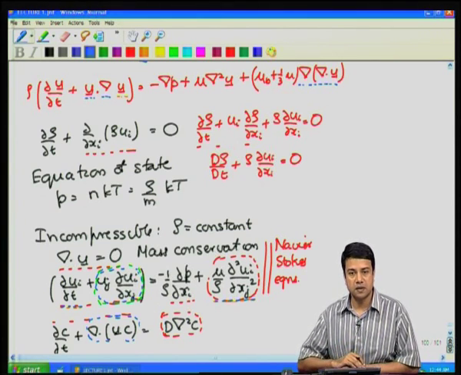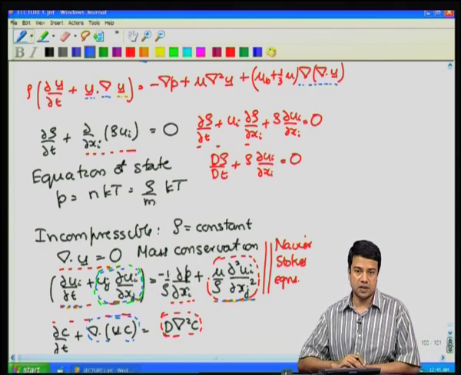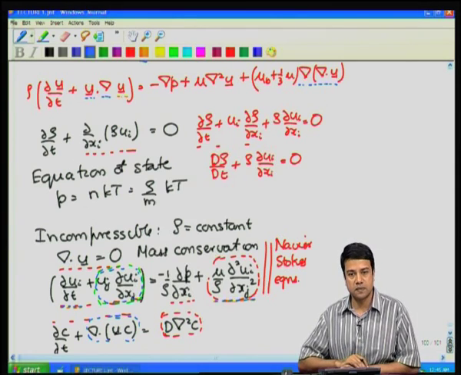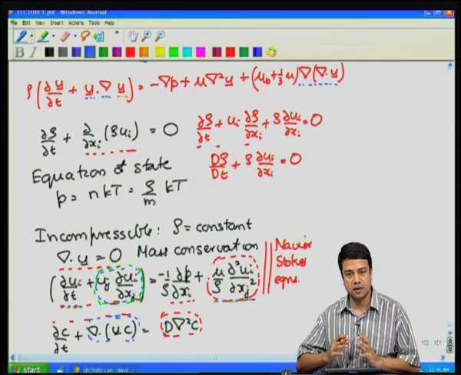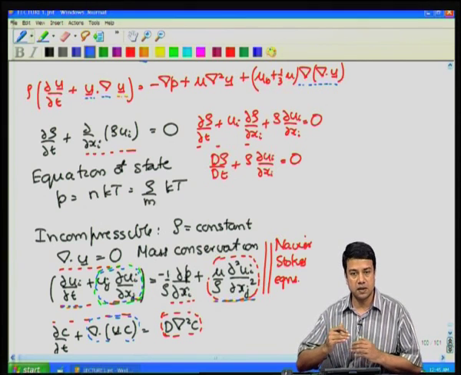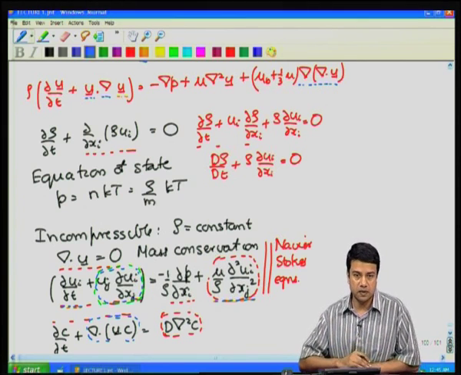That means that I need to specify 2 boundary conditions in each direction for each component of the velocity field. So, in order to get a well posed set of equations which can be solved, I need two boundary conditions in each direction for each component of the velocity.